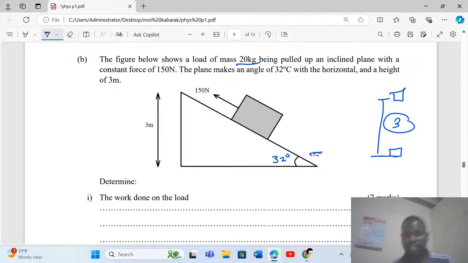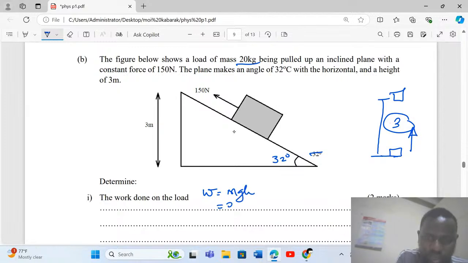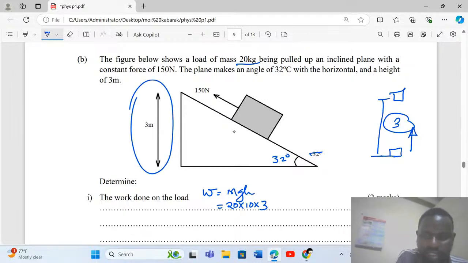Therefore, in this case, we'll say lifting is like creating potential energy. Therefore, the work done here will be mgh, which will be mass of 20 times 10 times height of 3 meters. And this will be equivalent to 600 joules.